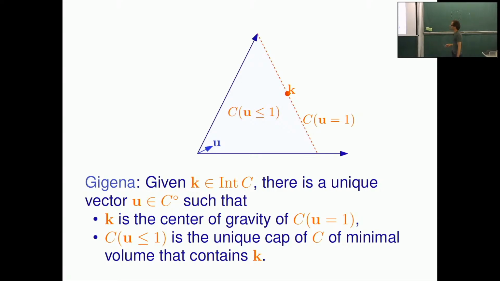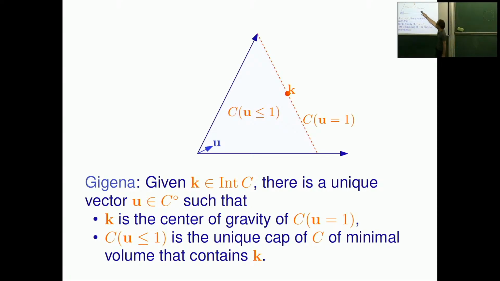So we're going to rely on old results. Given a point K in the interior of a cone C, there's a vector U in the dual cone such that our point K is the center of gravity of the section of C at U equal to 1.